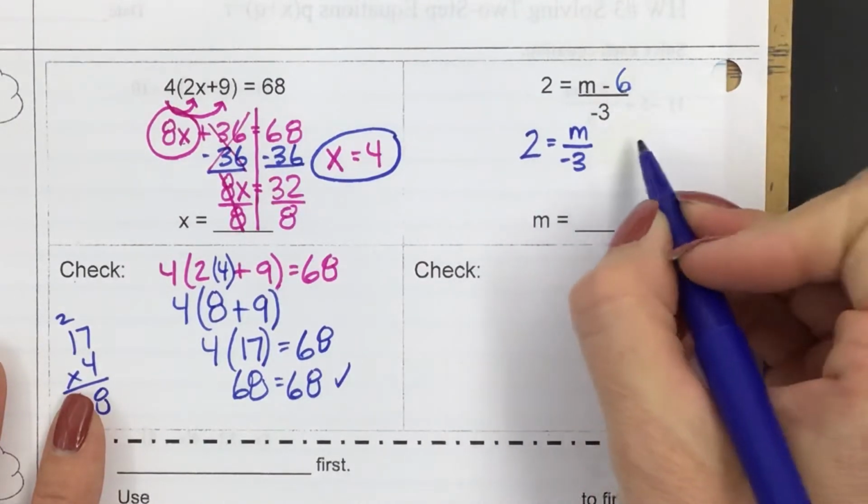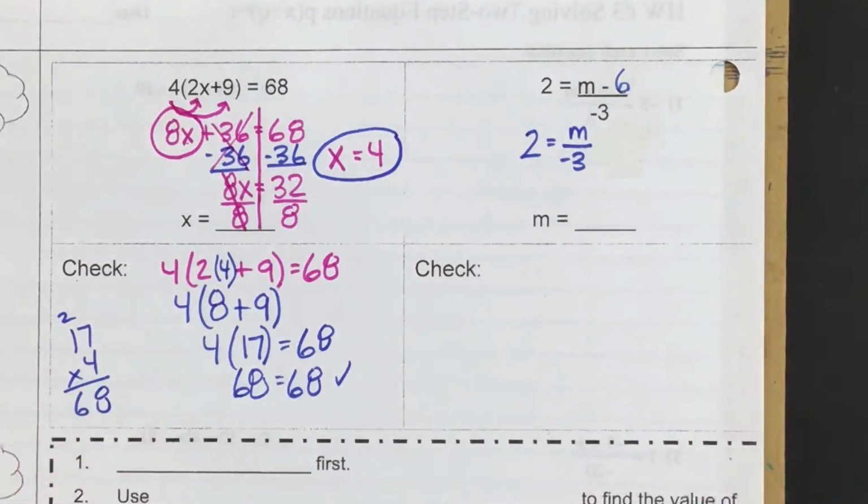So now I've distributed -3 to the m, and I have to distribute it to the -6 as well. You can do one of two things. I'll show you on the board. You can either do this, and then minus 6 divided by -3, which is going to be m divided by -3 minus -2.